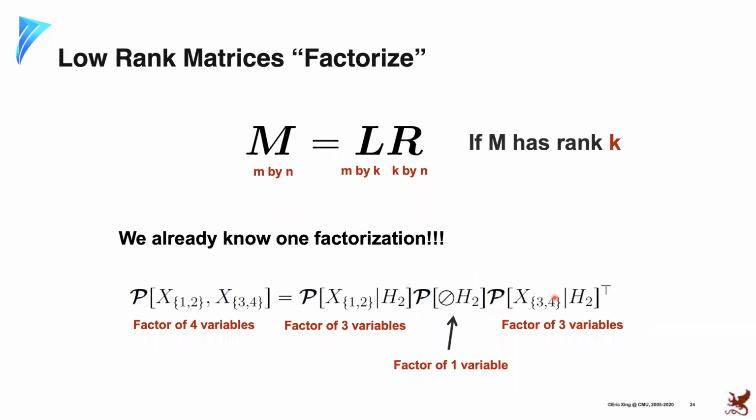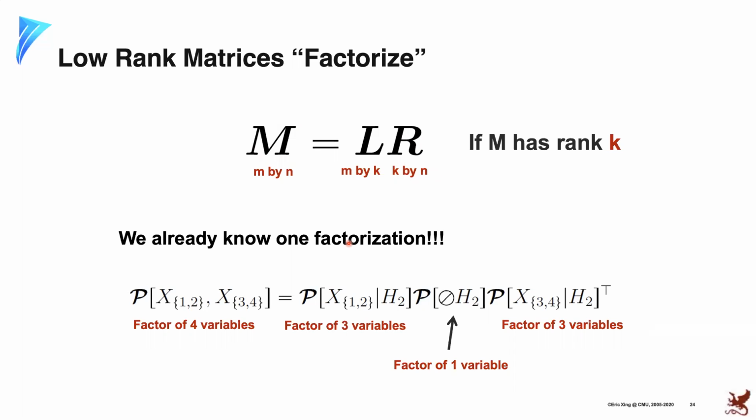If we know the rank is k, by using the standard matrix factorization approach, we can easily find an L matrix, which is m by k, and an R matrix, which is k by n, so that we represent this matrix with smaller matrices. The interesting thing is that such a factorization is not unique.